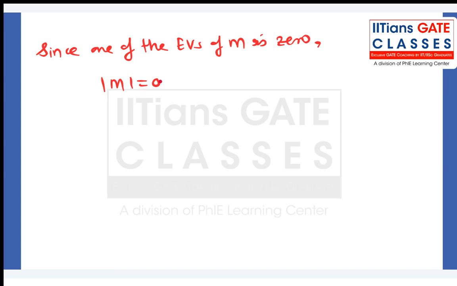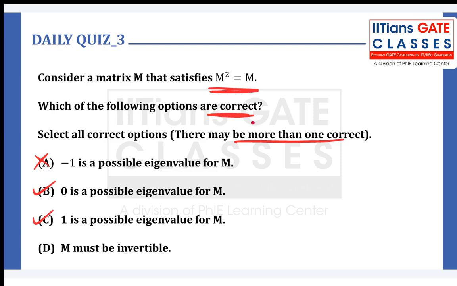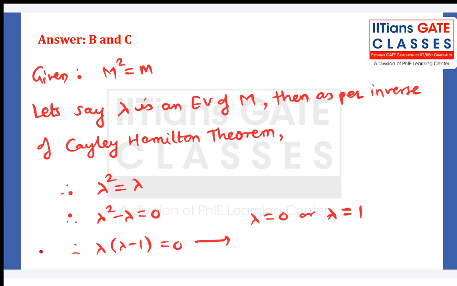And that means this matrix M is non-invertible. Or you can say M inverse does not exist, or matrix M is singular. Anything you can say. But since they were asking whether matrix M is invertible or not, it is not. So the last option is also incorrect. So B and C are the correct options.